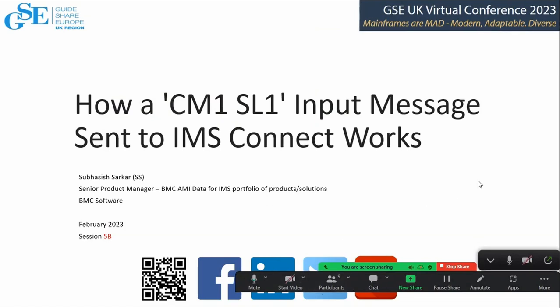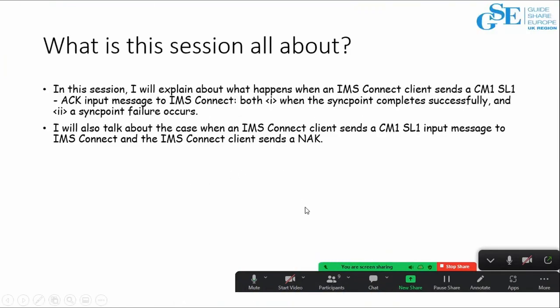Yeah, so let's get into the session. As mentioned, this is a session about a CM1 SL1 input message being sent by an IMS Connect client to IMS Connect. And we will look at how this entire thing works. So what is this session all about? In this session, I'm going to talk about what happens when an IMS Connect client sends a CM1 SL1 ACK input message to IMS Connect.